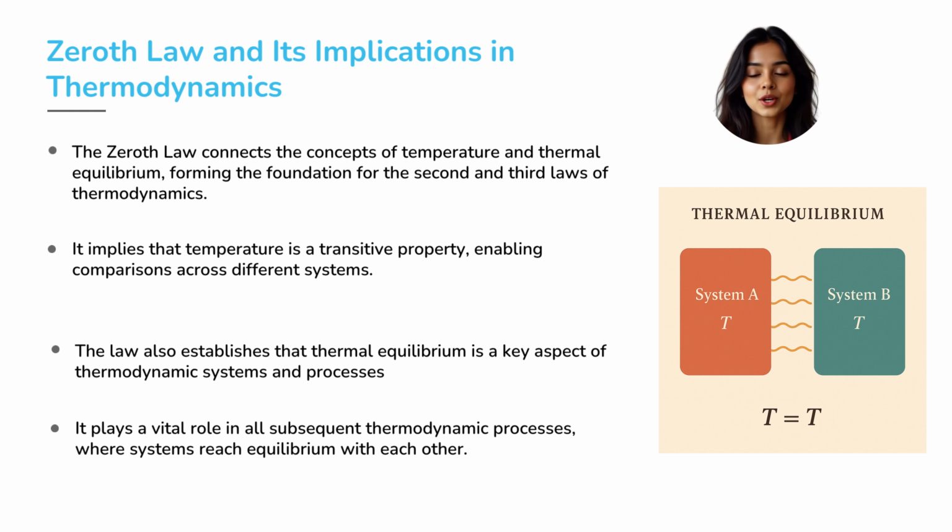But it doesn't stop there. This law is fundamental for all the other laws of thermodynamics. Without it, we wouldn't have a solid starting point to understand how energy flows, how engines work, or even how refrigerators keep your food cool.